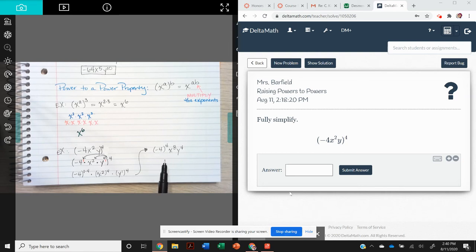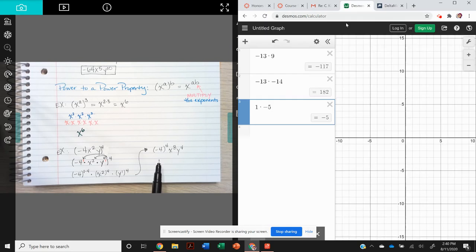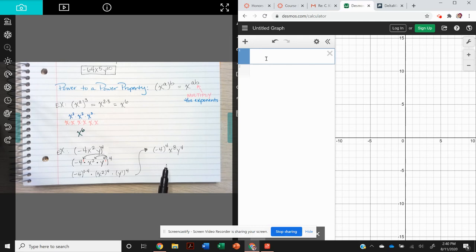All right, let's bring up Desmos. Now this is where everyone doesn't like to believe their teacher. They're like, she doesn't know what she's talking about. Negative 4 to the 4th, and negative 4, oops, to the 4th.